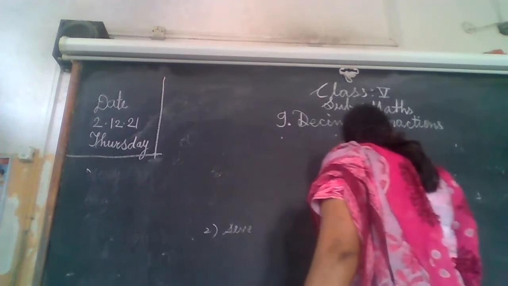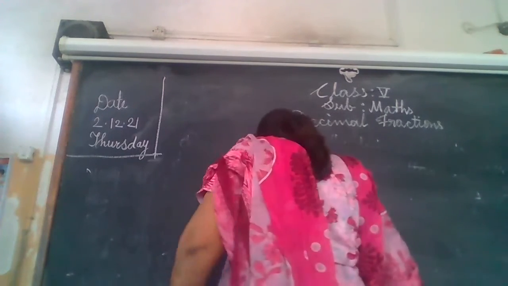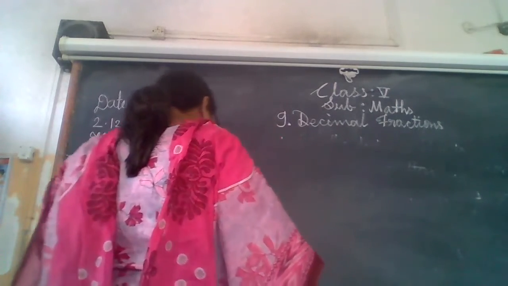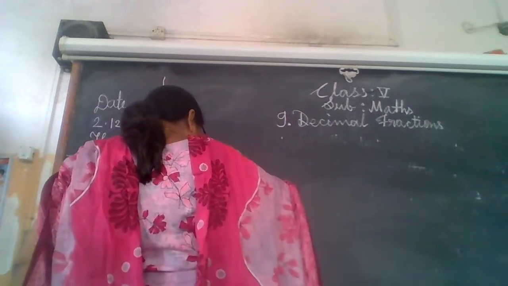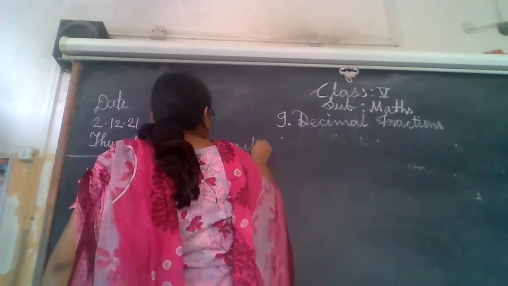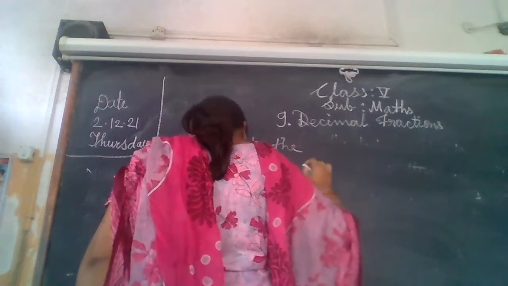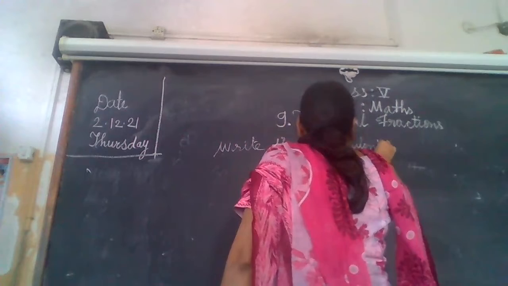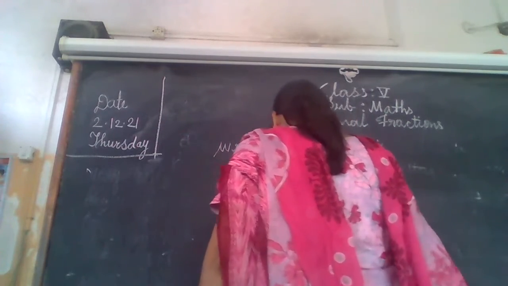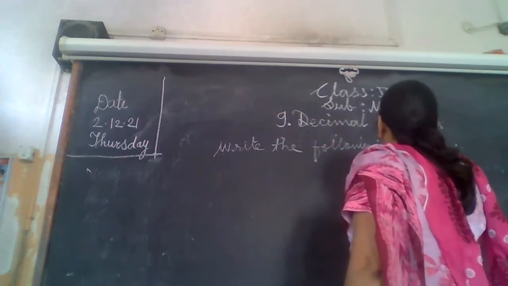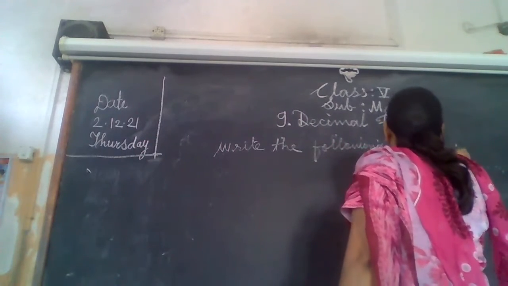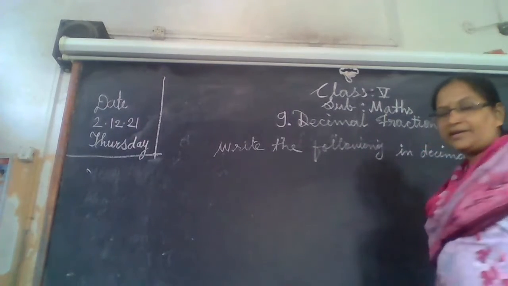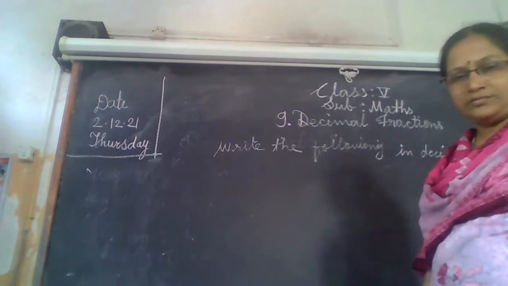So see some more examples. These questions are from problem set 36. Write the following mixed fractions in decimal form and read them aloud.